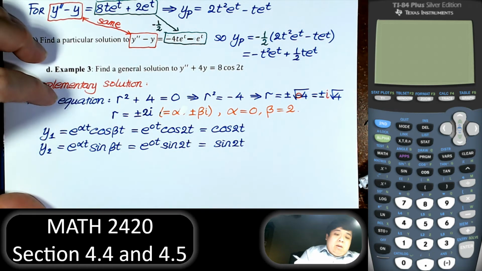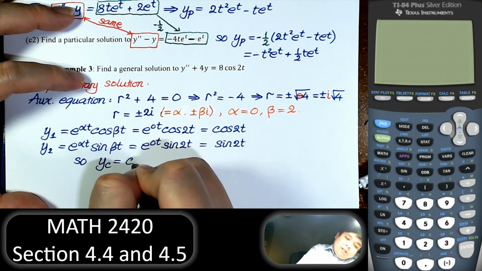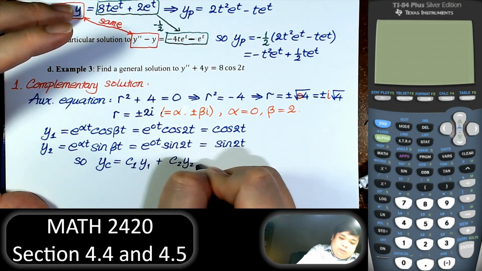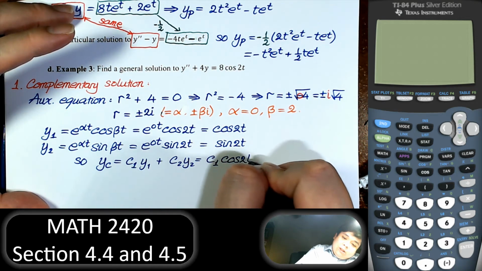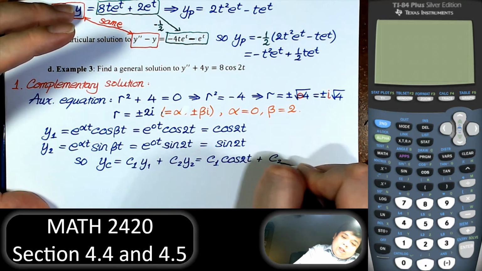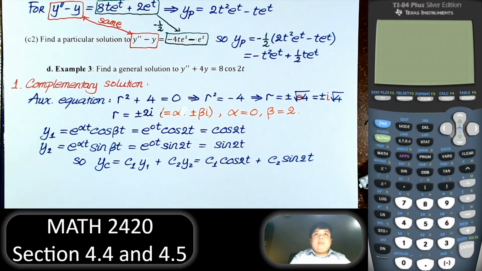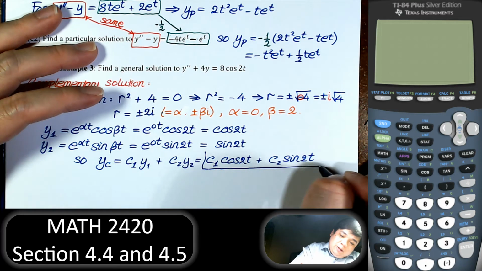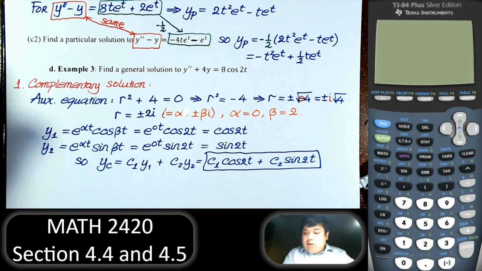Right, and the complementary solution, c1 y1 plus c2 y2, is c1 cosine of 2t plus c2 sine of 2t. That is the complementary solution.